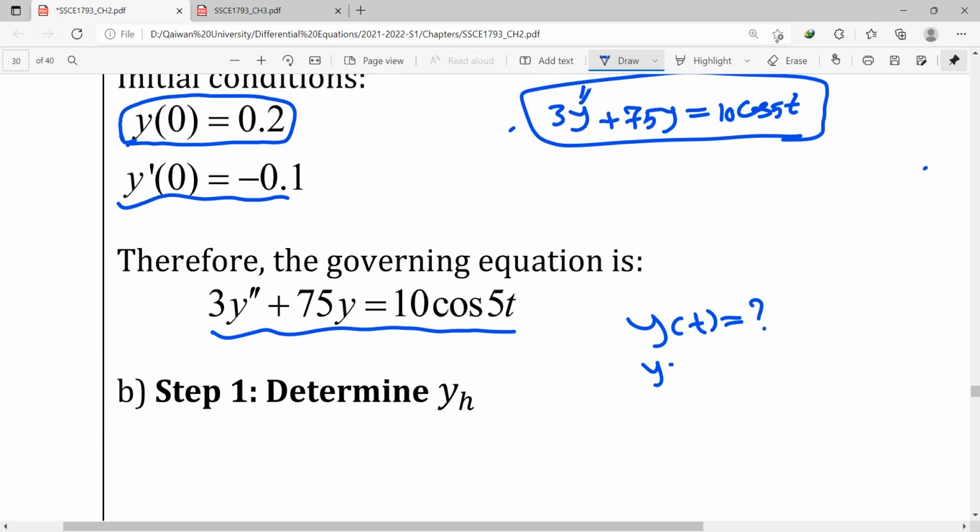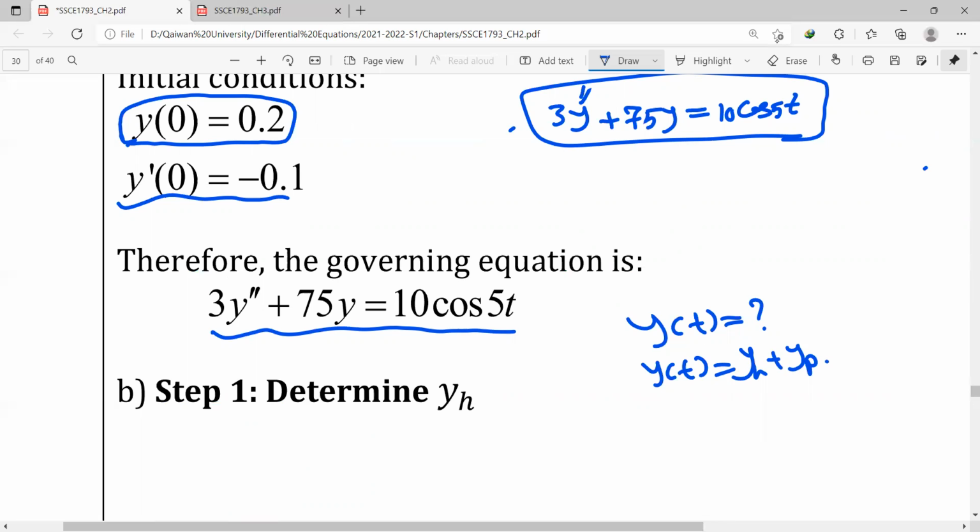We say y of t equals the homogeneous solution plus particular solution. Since the right hand side f of t is not zero, we should find both the homogeneous solution and the particular solution, and the sum of them is going to be the displacement at any time.